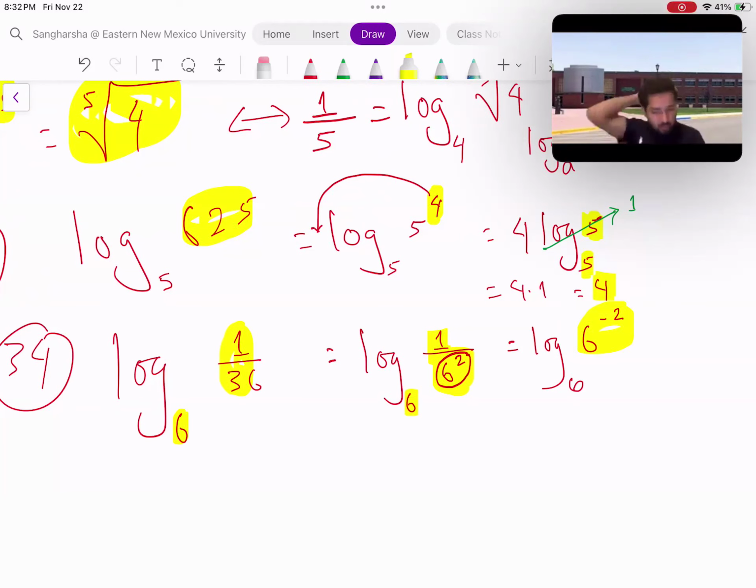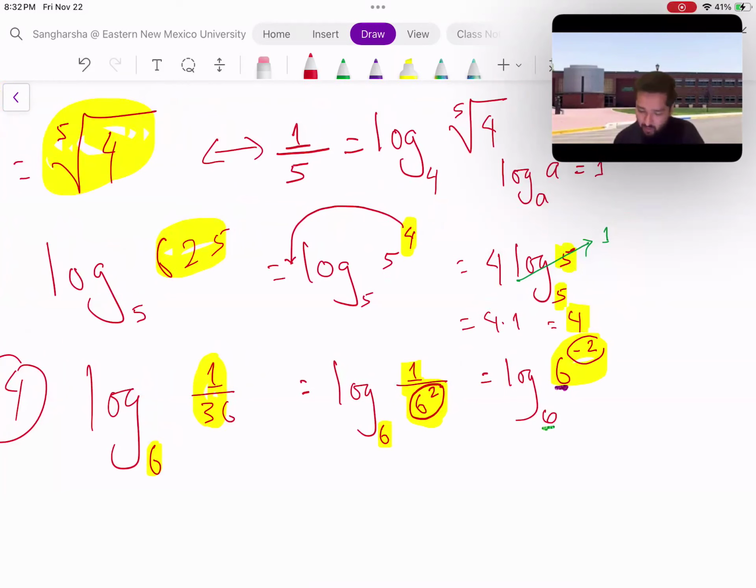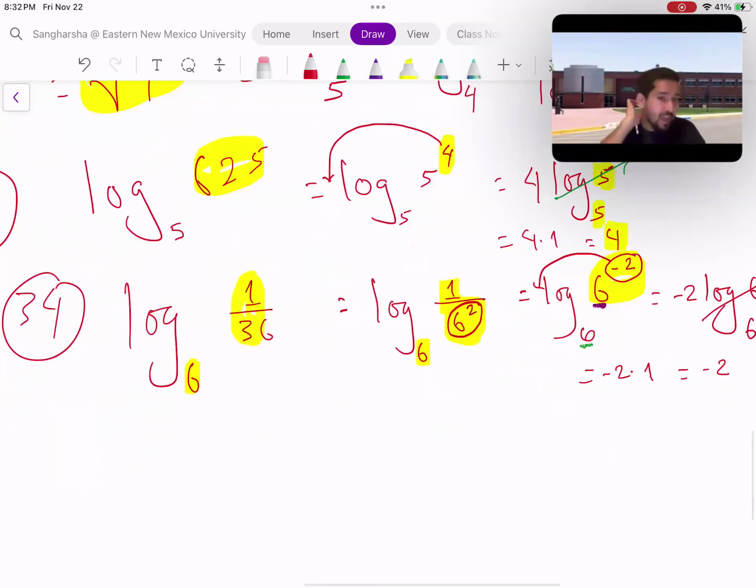If it's positive, you make it negative. If it's negative, you make it positive. Now we have the same base, a 6 and a 6. Let's rewrite this exponent in the front. So we have negative 2 times log of 6 to a base 6, and this expression is 1. So we have negative 2 times 1, which is negative 2. Okay, does anyone have any question?